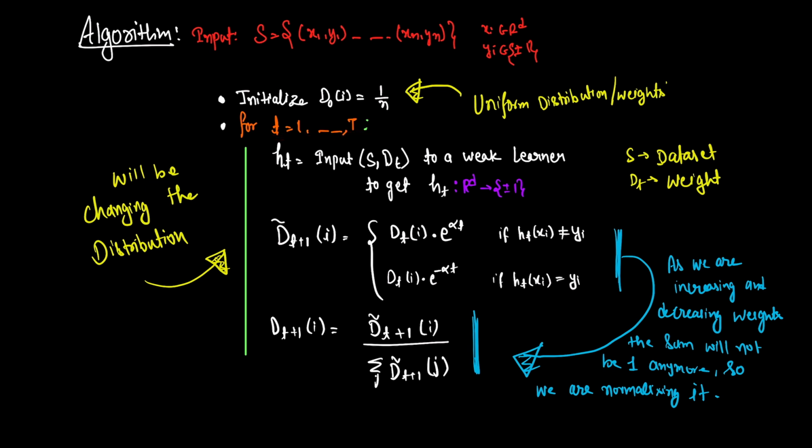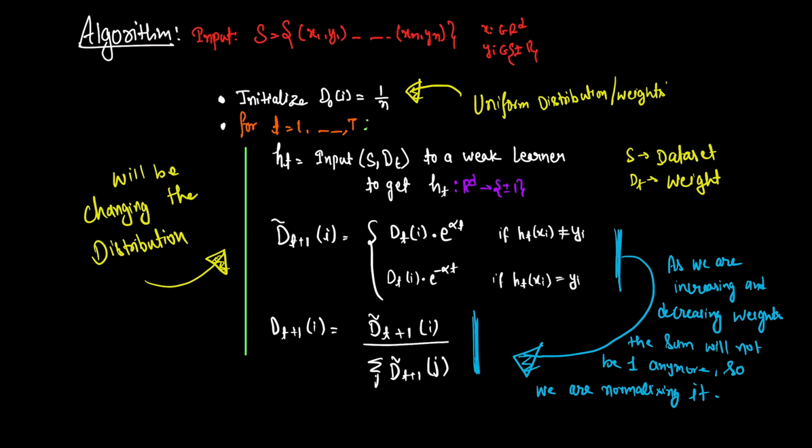For t equals 1 to T, there is h_t, which takes as input S and that distribution, to a weak learner to get an h_t. So h_t basically takes input of these two and gives us an h_t from R^d to plus 1 or minus 1, where S is the data set and D_t is the weight.